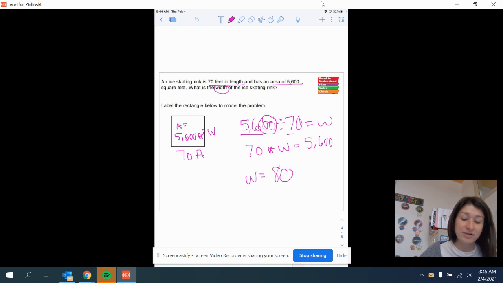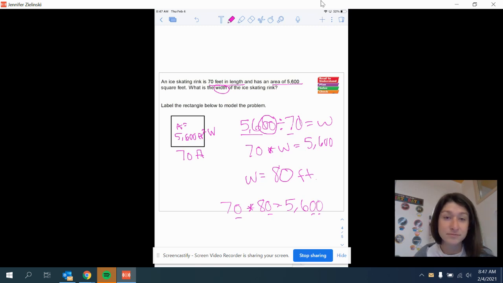So I need to have at least 1 zero. And let's do the reverse. Let's see if it checks out. If I do 70 times 80, do I get 5,600? I certainly do, because I have my 2 zeros.